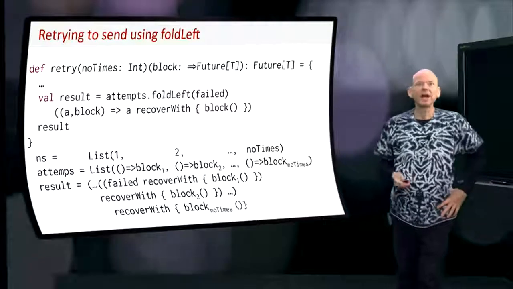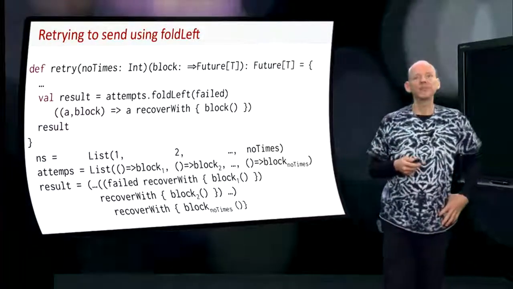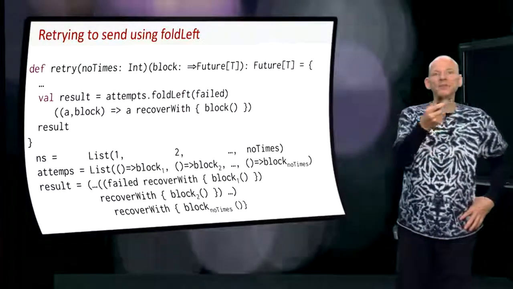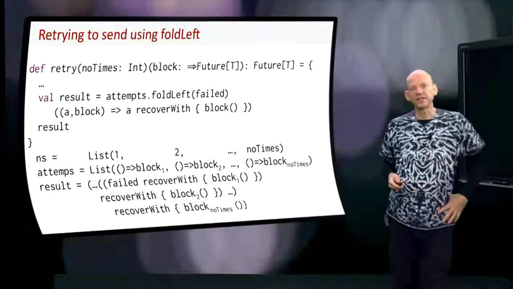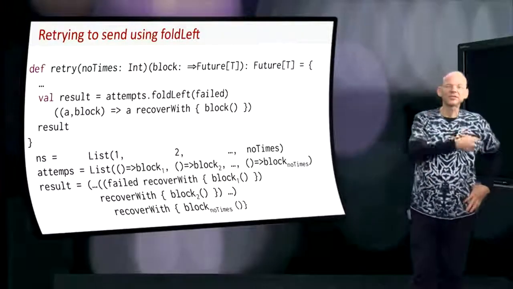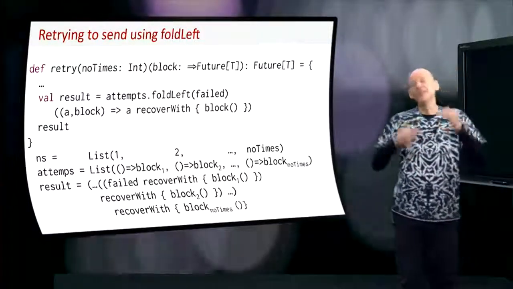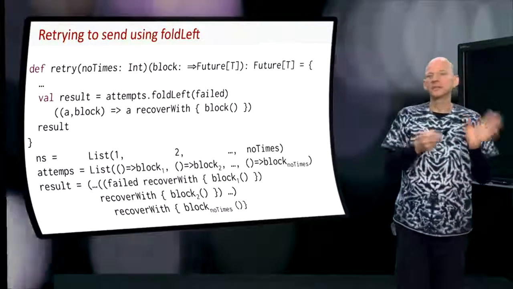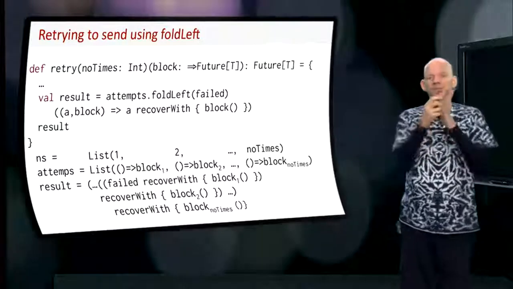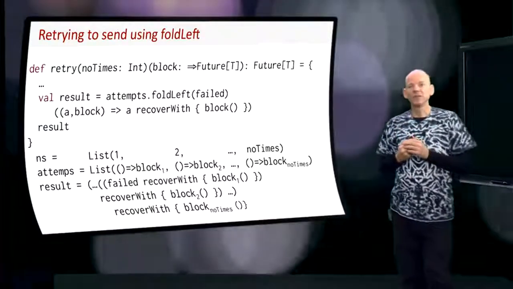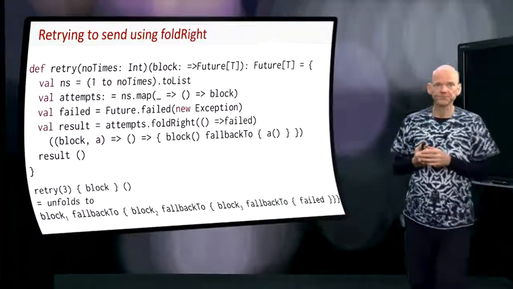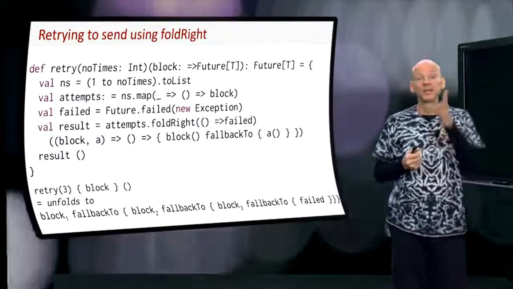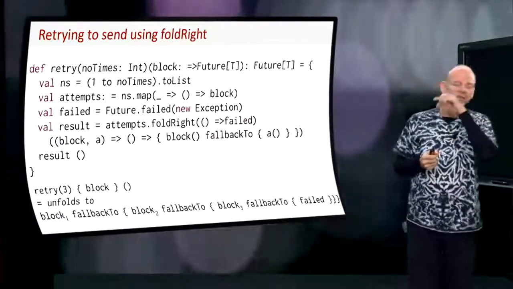And now we're going to fold left. If you do the fold left here, you will see that this gives us the same result. By doing a little bit of substitution, it should be clear that the result of this function is exactly what we want.